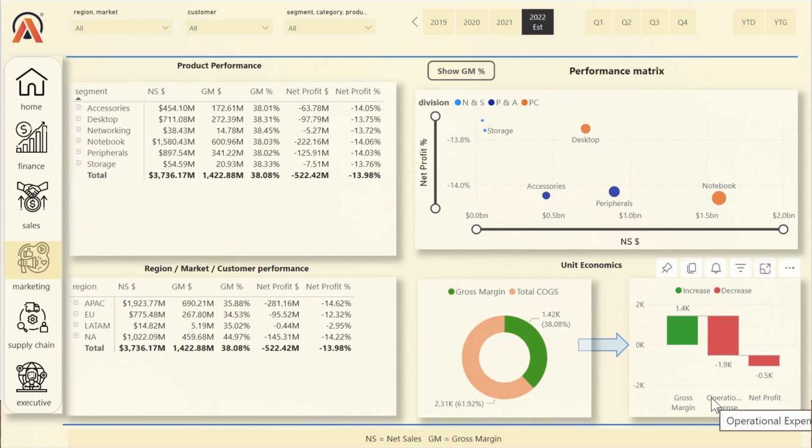Operational expenses, which include marketing cost and utility cost, are higher than the gross margin, and because of that we are getting the minus net profit. So you can play with this particular marketing view and get more insight.